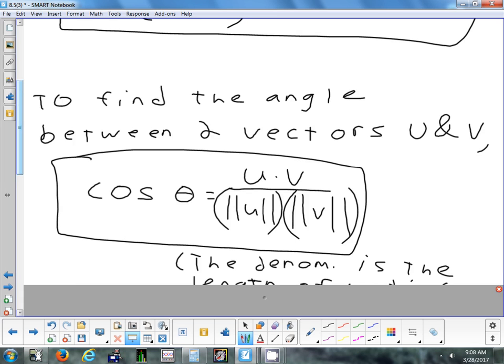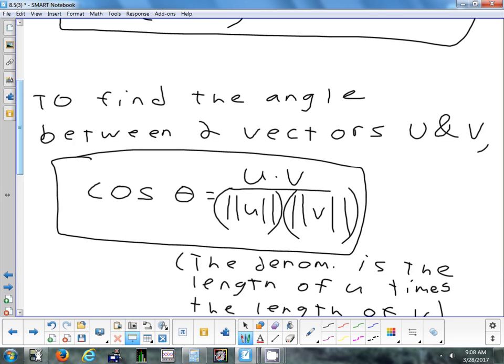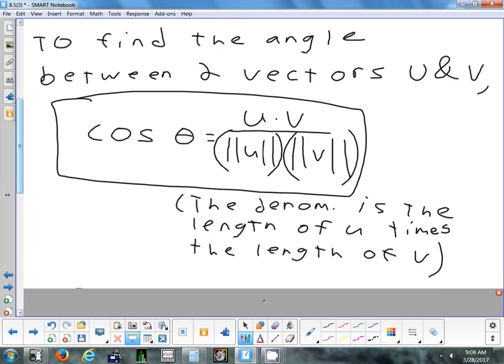It's the cosine of the angle equals the dot product over the product of the magnitudes.